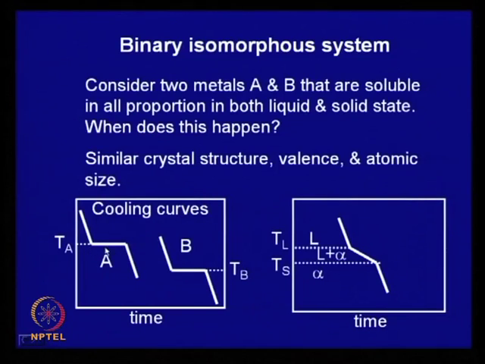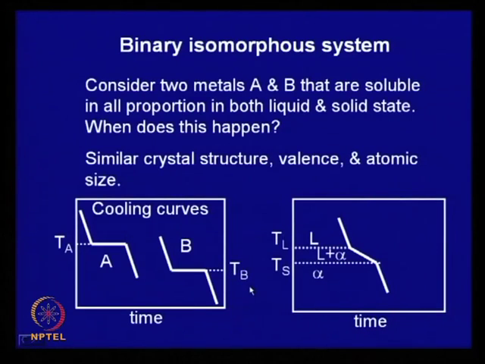But when the solidification proceeds, the temperature nearly remains unchanged, and this is the melting point of A. So, let us say we write it as T A. Similarly, metal B, if you cool, it also will have an identical or similar cooling curve, and here this step in the cooling curve indicates melting point, that is T B.